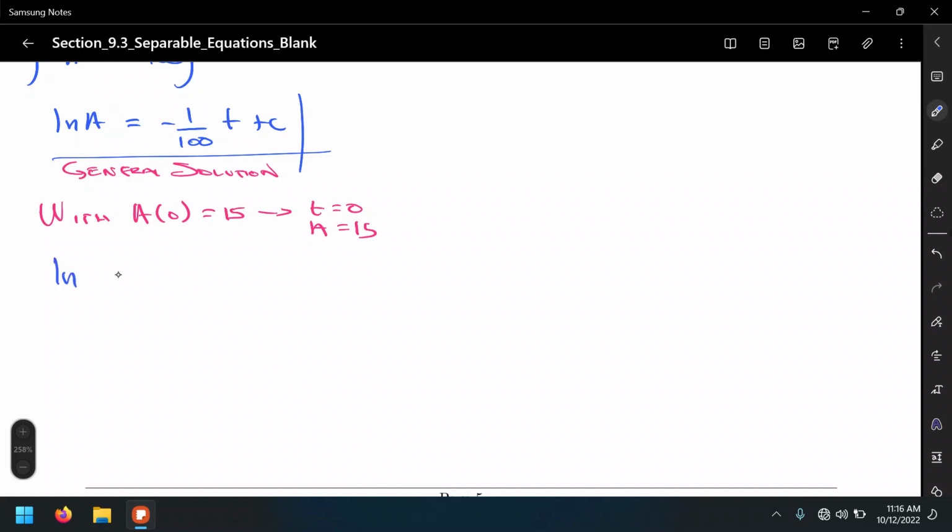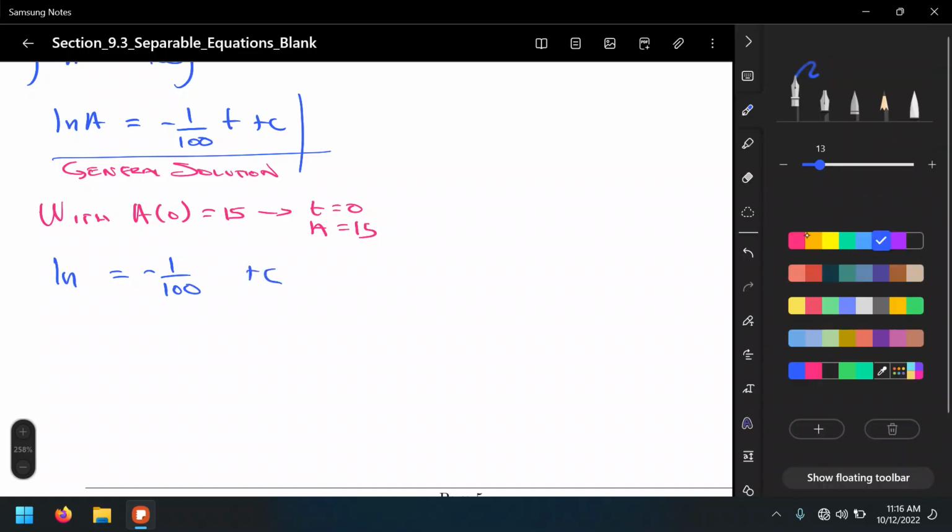That's ln of 15 equals negative 1/100 t plus c, where A equals 15 and t equals 0. This term gets zeroed out, and in this case c equals ln of 15.